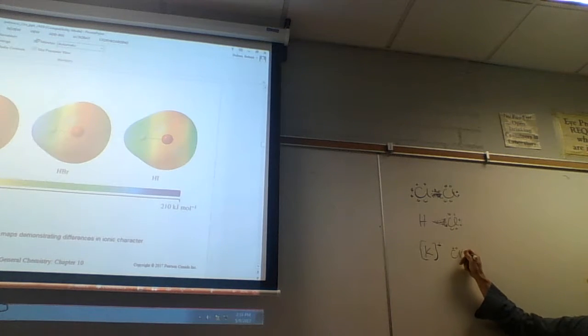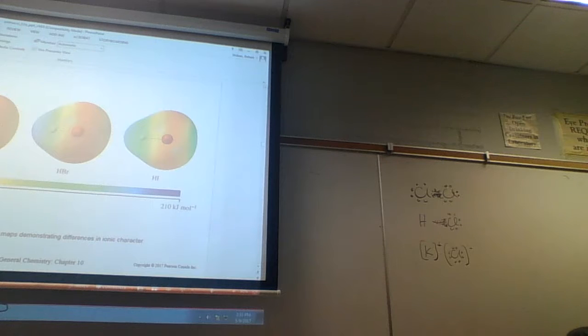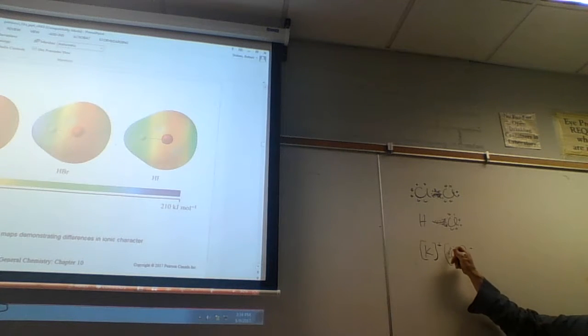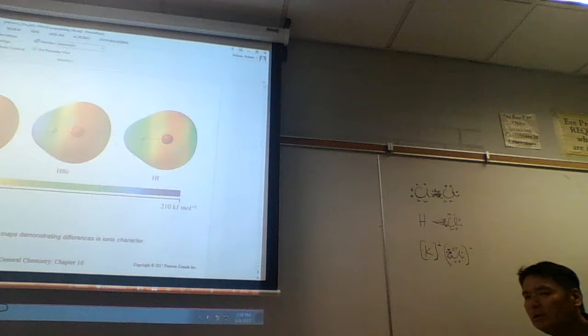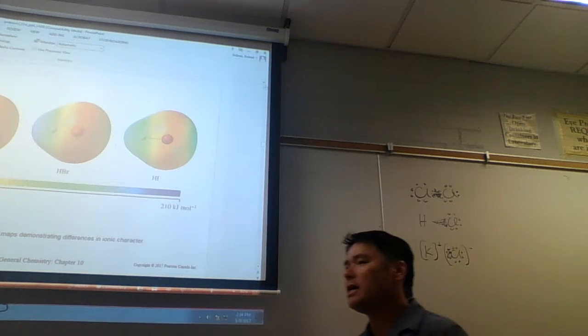Cl minus should have an octet with a minus charge. And that means that the electron cloud has been totally polarized. That is, Cl has pulled the electron cloud from potassium. But has it really completely pulled the electron cloud from potassium?